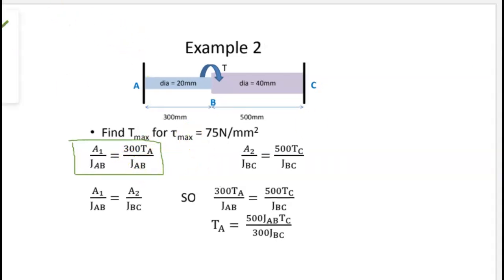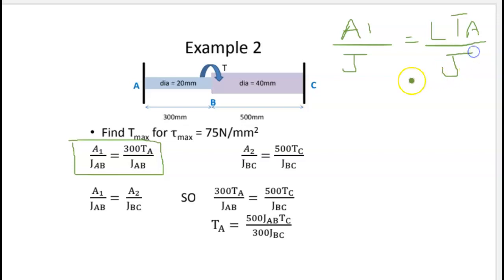Okay. Let me write the formula. Theta over J equals LTA over J. The J and J cancel, but I'm still writing it down. Okay, this is the formula. This is the JAB and this is the JAB as well.